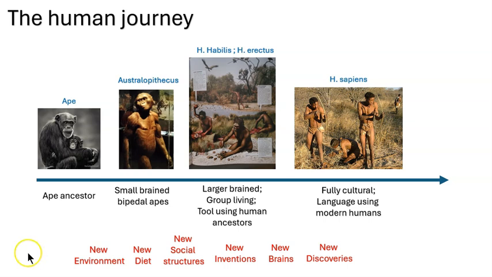And because this journey toward the human species involved a new environment, new diet, new social structures, new inventions, new brains, new discoveries, all of these new things were triggering evolutionary change. So we have a lot more evolutionary change in our lineage compared to the ape ancestors that stayed in the forests.